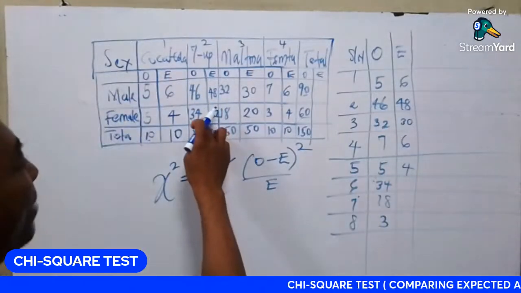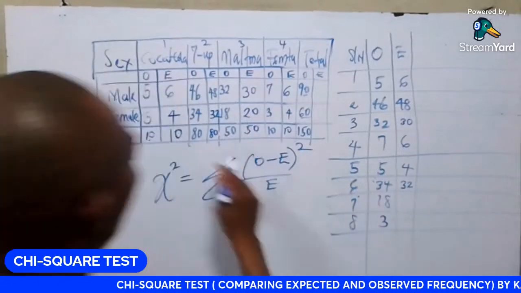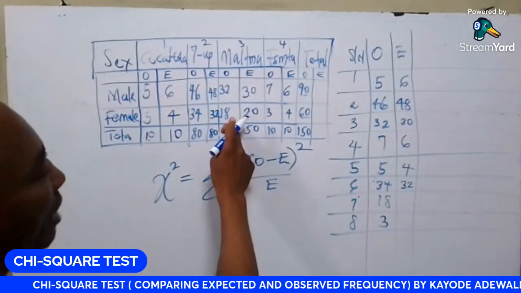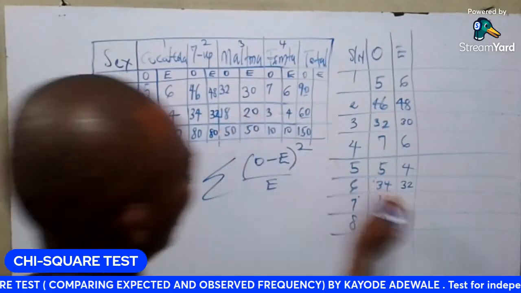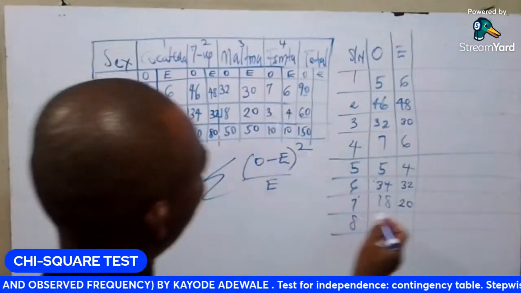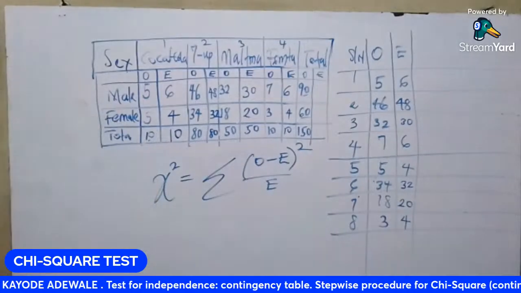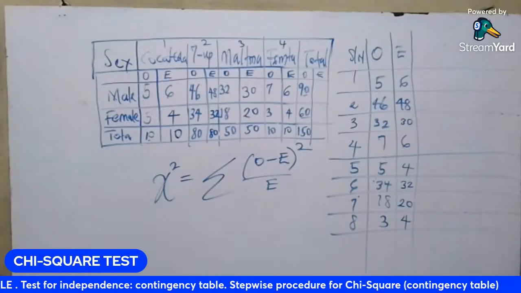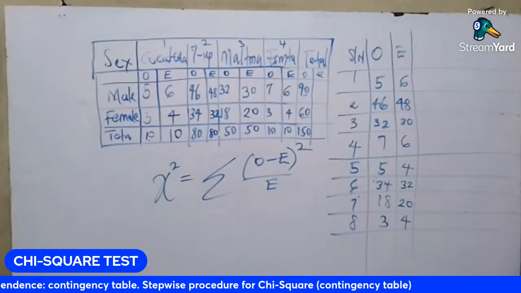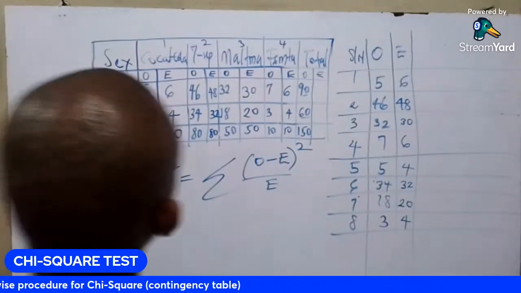When I got observed value 34, the expected value is 32. When I got the observed value as 18, the expected value is just 20. When I got observed value as 3, the expected value is just 4. So what have I done now? I've just got my expected frequency. And don't forget, like I said, there are procedures.